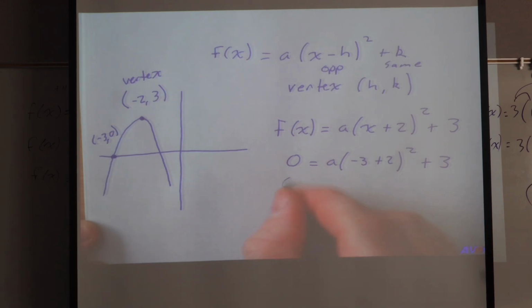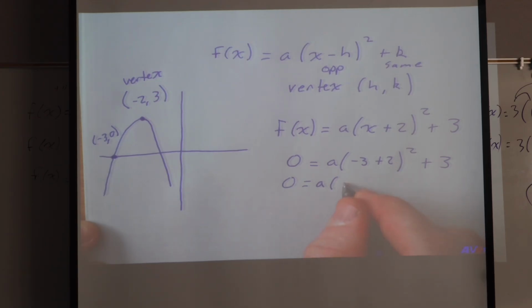So we would have 0 equals a times (-3 plus 2), which is -1, squared, plus 3. -1 squared is just going to be 1. And 1 times a is a.